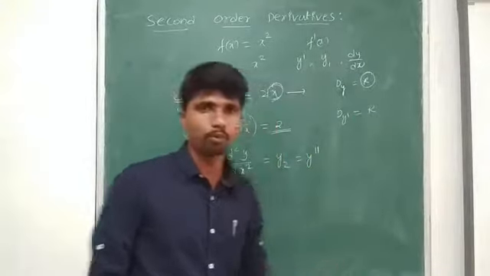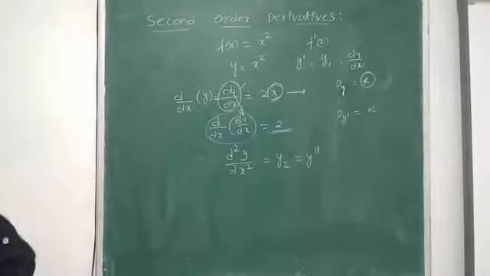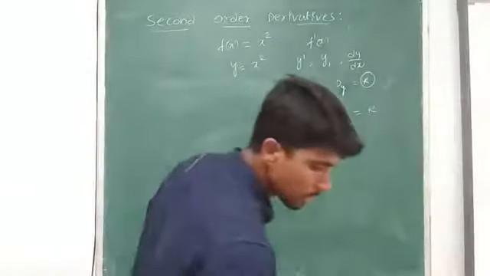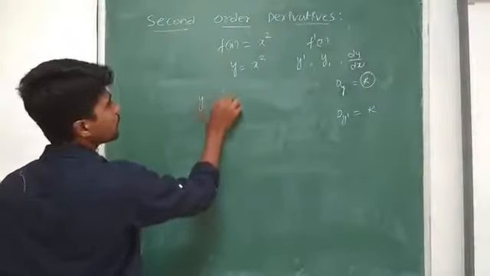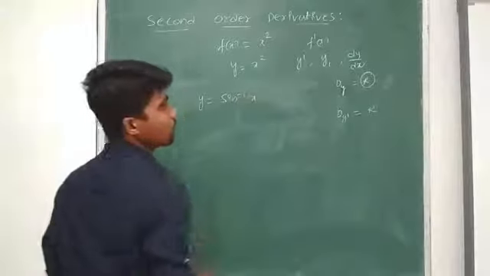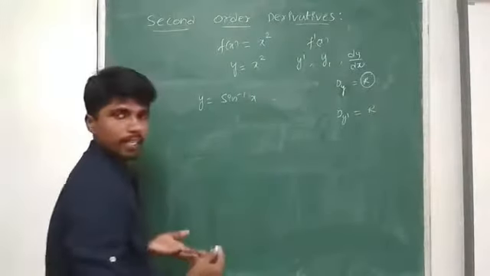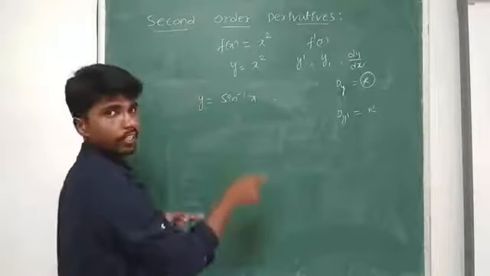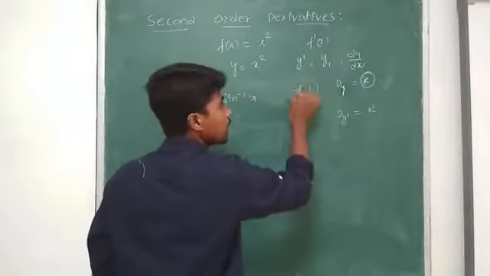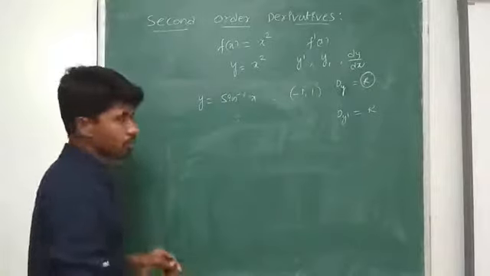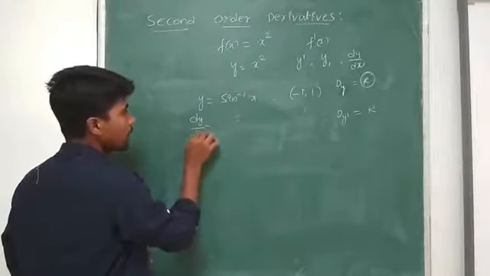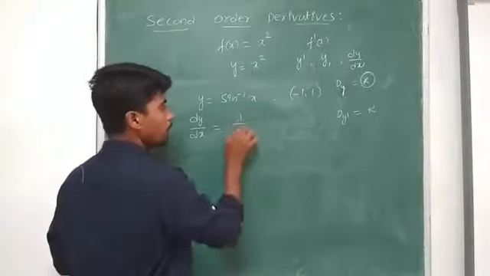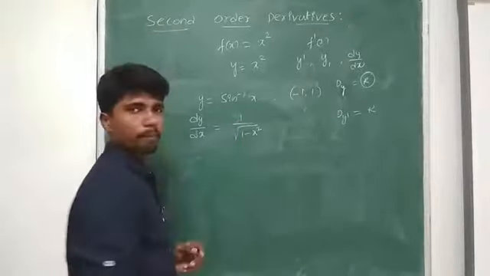Suppose I take one more function like sin inverse x. Y is equal to sin inverse of x. So what is the domain of sin inverse x? The function is differentiable in the open interval -1 comma 1, because dy by dx is equal to 1 by root over 1 minus x square.